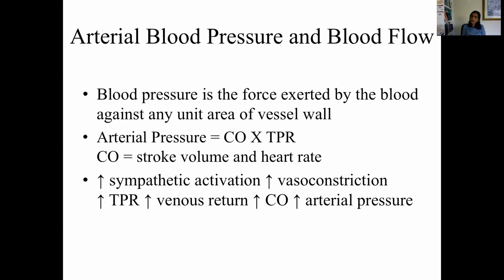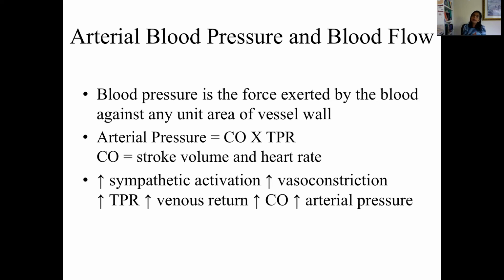This is the pressure that is measured as a force exerted by the blood against the blood vessel wall. When the heart pumps blood, it's released with a lot of force that hits the blood vessel wall and generates a certain force. That contributes to arterial blood pressure.